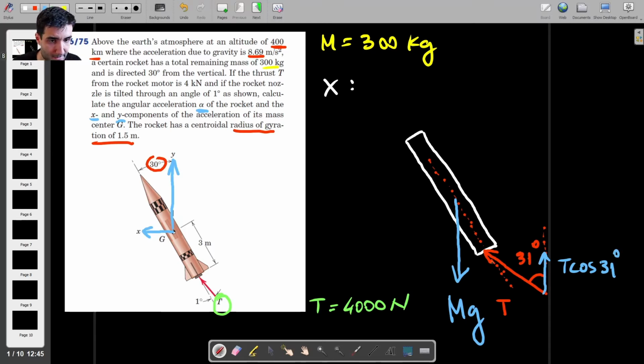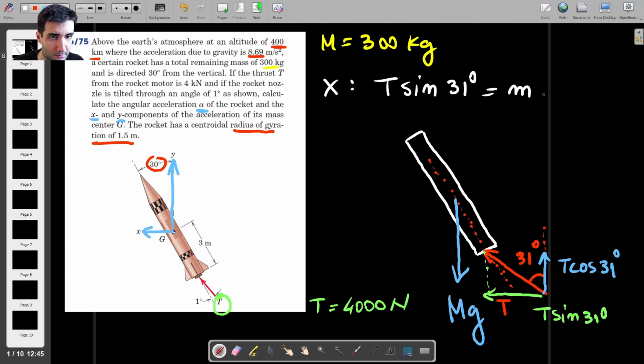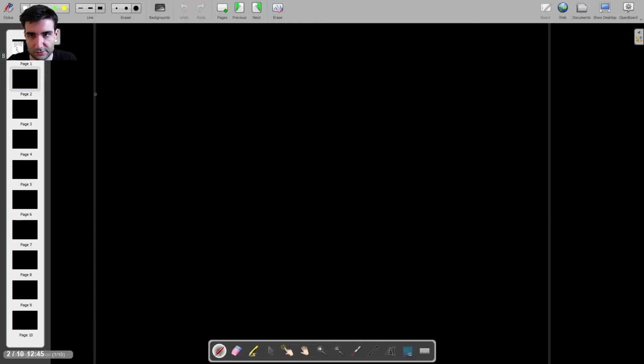And in the x direction, we have this right here. So this would be T sine of 31 degrees. Okay, so in the x direction, we have thrust times sine of 31 degrees equals mass, let's use capital M, times ax. Okay, and this is one equation, one unknown, and we just have to find what ax is. So let's try to do that on the next page.